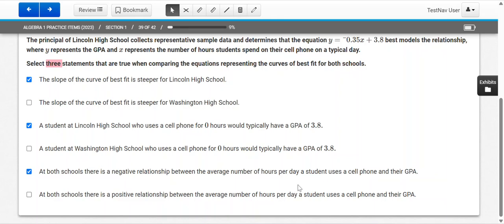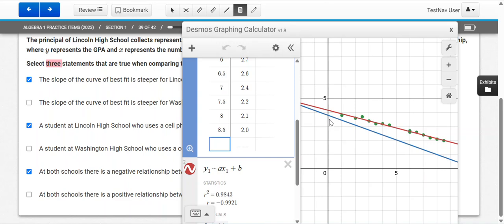Hours per day using their cell phone and their GPA. Well, why is it negative? Because their graphs are just going down.